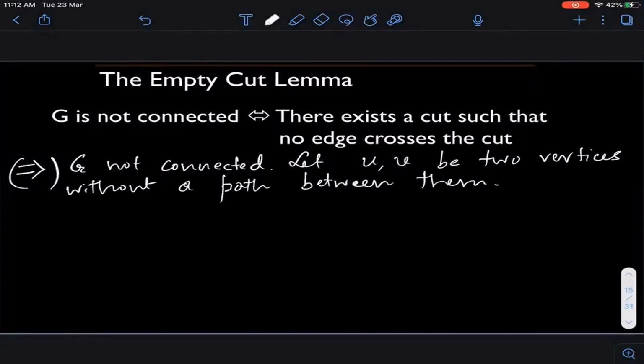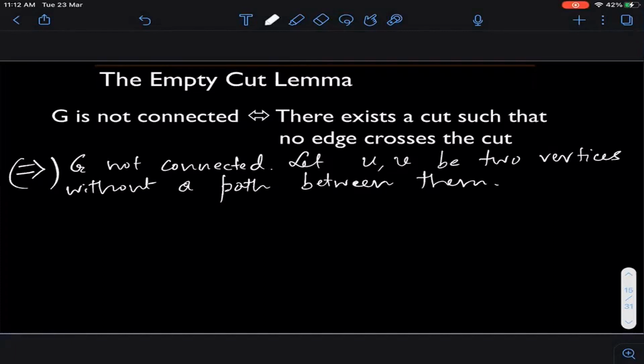Okay, अब क्या करूंगा मैं? How do I produce the two cuts? Very good. Okay, so now I make two sets. Okay, in fact I make just one set. The other set is just a consequence.